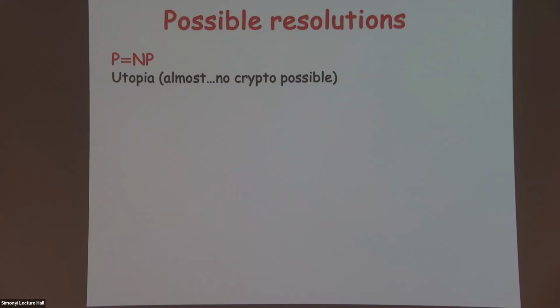There will be no privacy or security. You cannot design a secret language if P equals NP. And this is the subject of basically the theory of algorithms. People invent algorithms for problems for which we didn't have efficient ones. That maybe is the main production of the theory of computation.